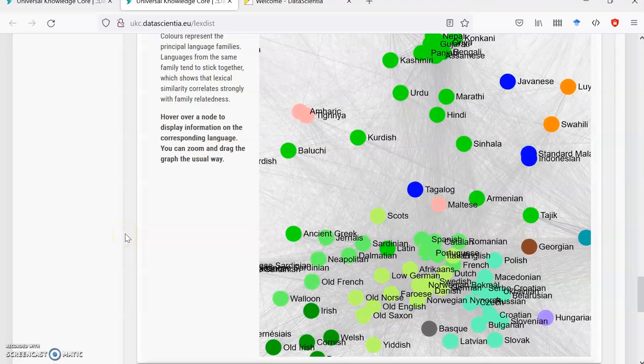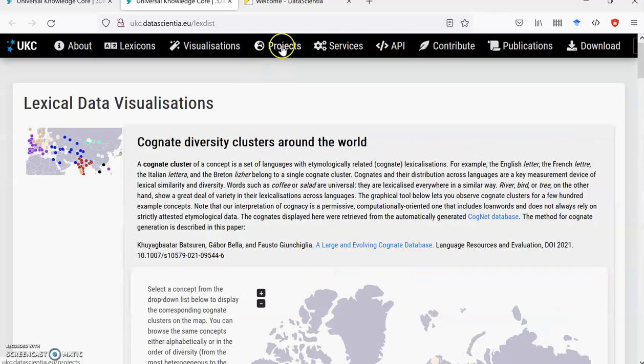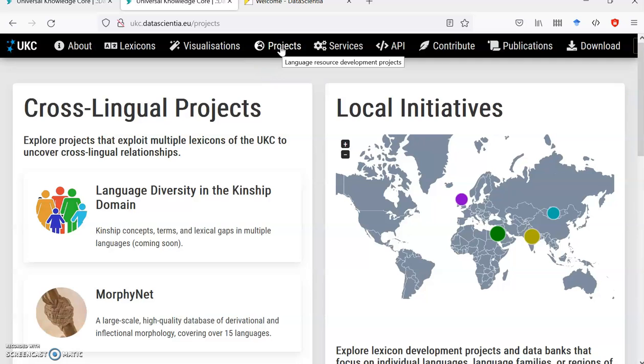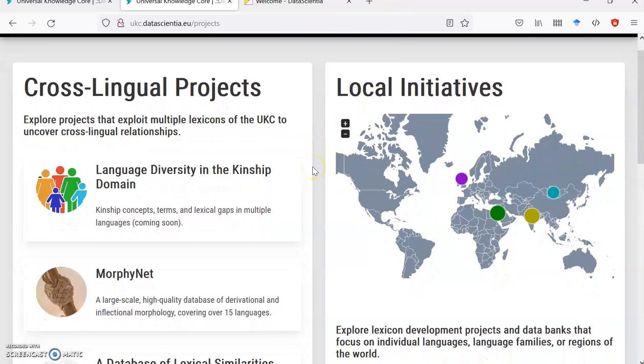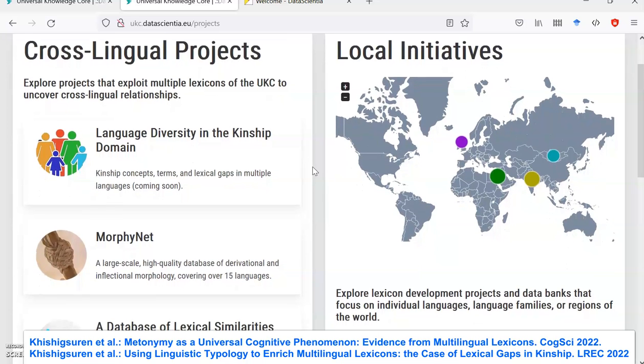Our diversity-related lexical data is the result of several projects, described on dedicated project pages and published in separate papers. A growing number of downstream applications in cognitive science, linguistics, and computer science are exploiting our data.